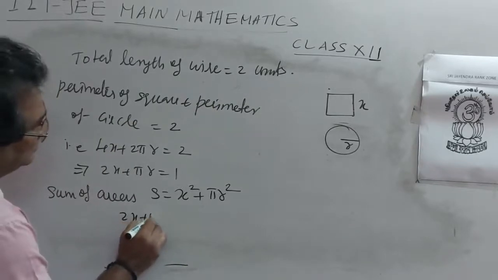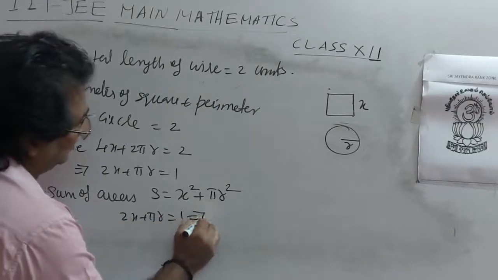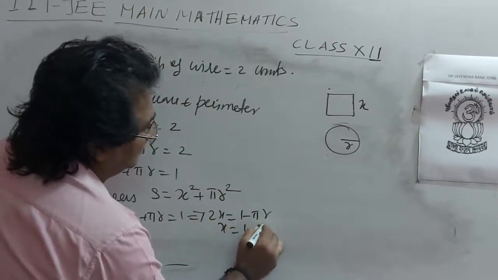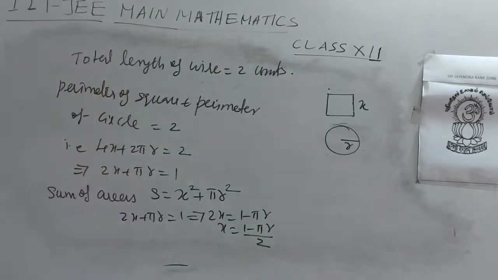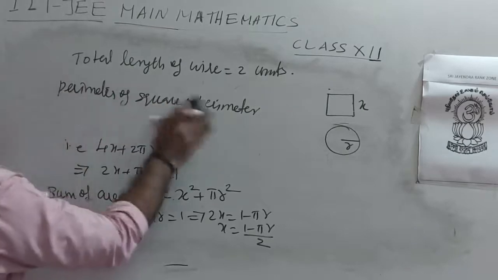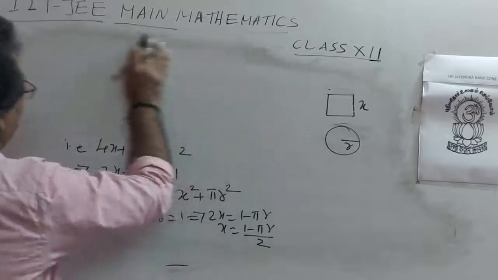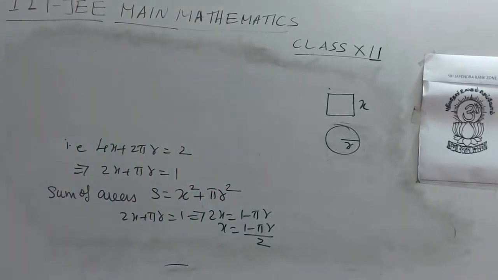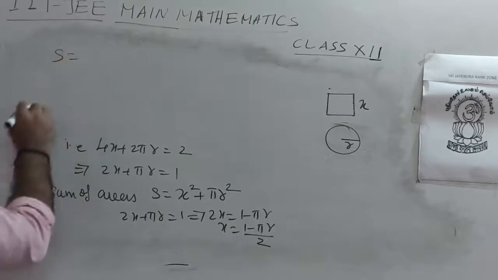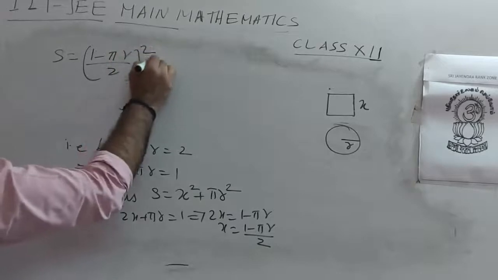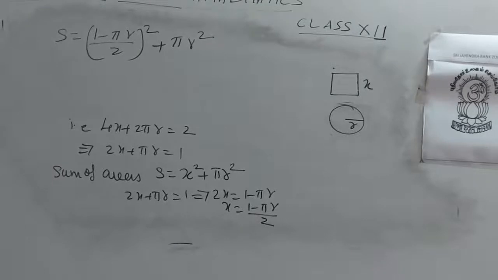So 2x plus pi r equal to 1, 2x equal to 1 minus pi r, x equal to 1 minus pi r by 2. So S equal to x squared, that is 1 minus pi r by 2 the whole squared, plus pi r squared.